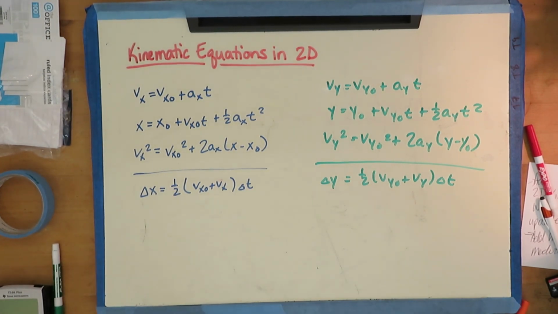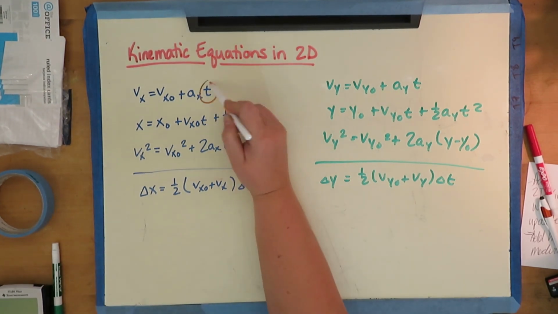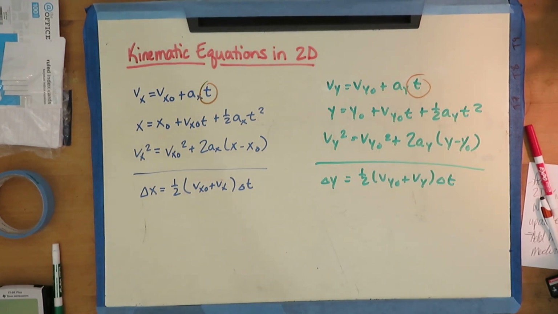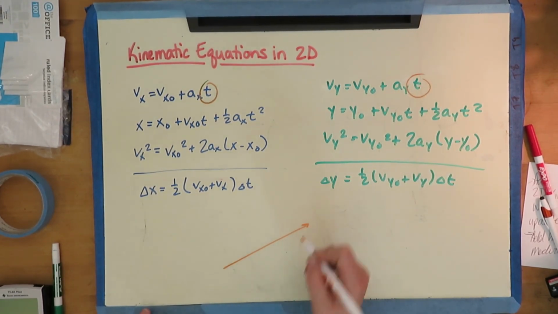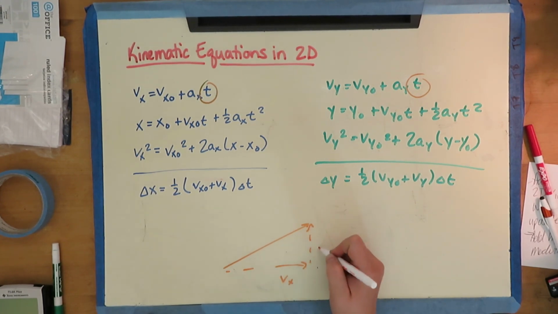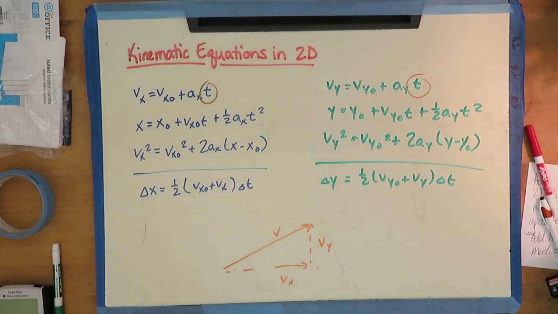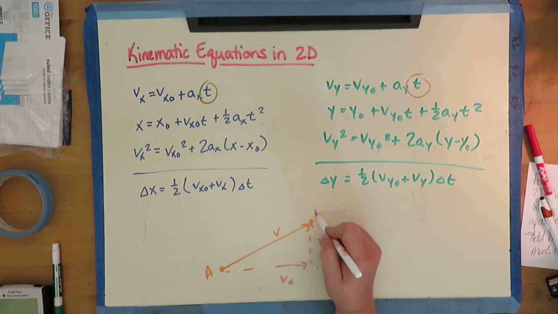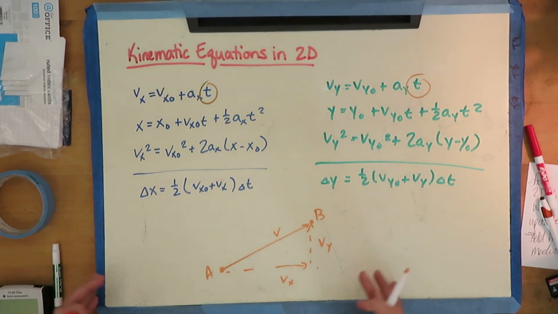The one thing I want you to note is that the only variable that didn't change between the two sets of equations is time. Time doesn't have a subscript. That's because if I'm moving in two dimensions and I have both an X component and a Y component, I go from point A to point B in the same amount of time.